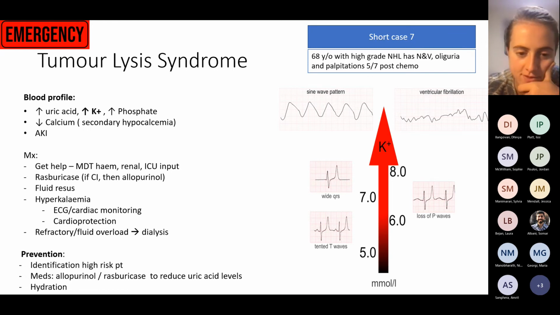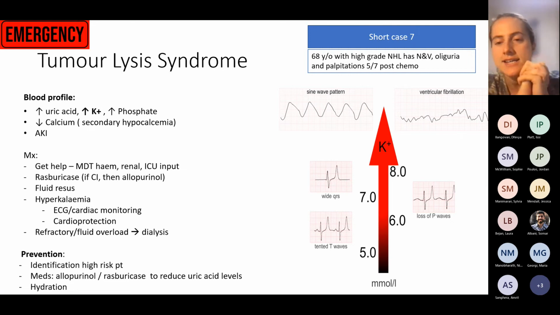Yeah, hydration. Yeah. Rasburicase, excellent. Great. And what if they had hyperkalemia and some ECG changes? You guys all know the drill for this one, I'm sure.